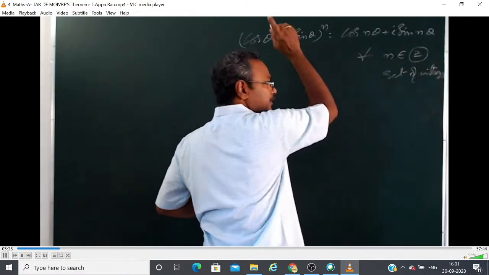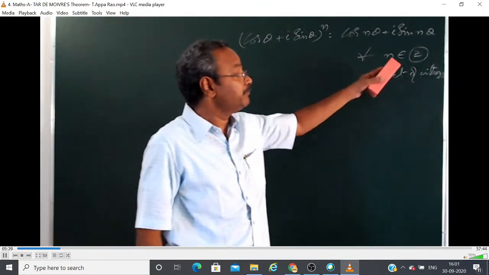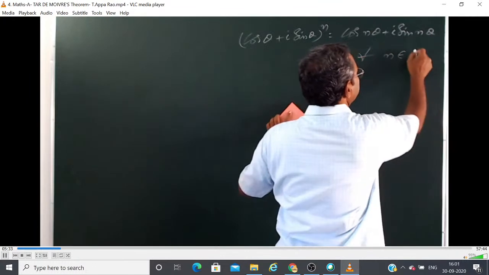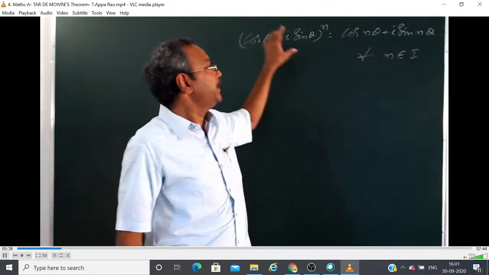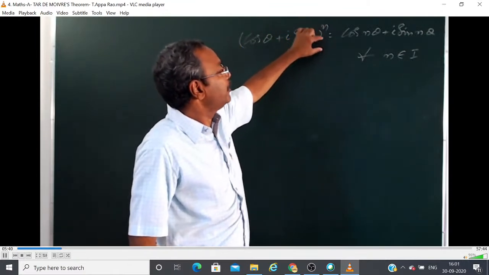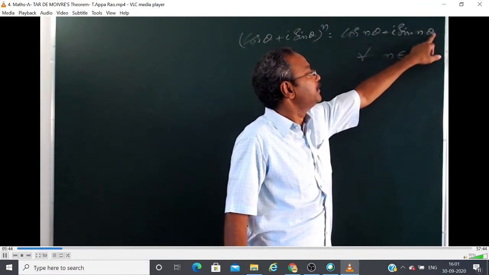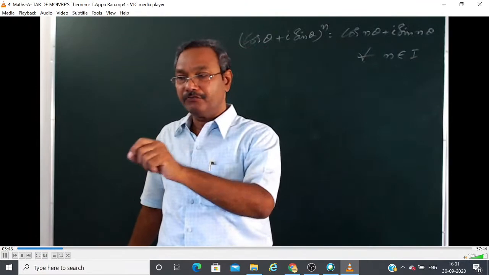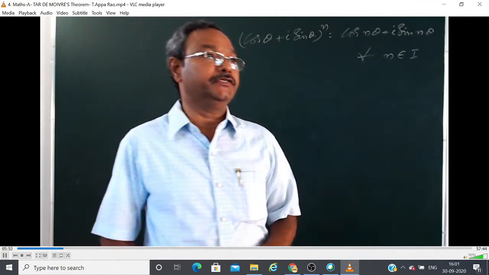Since we are already using the symbol z for complex numbers, we are not going to use the symbol z for the set of integers. So we are going to denote the set of integers with the symbol I. So cos theta plus i sin theta to the power of n is cos n theta plus i sin n theta for all n belonging to I, which is the set of integers.